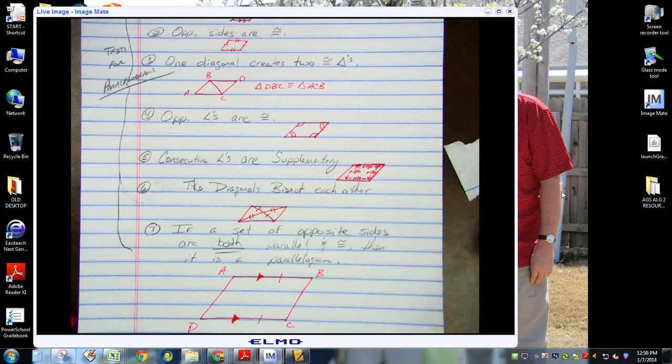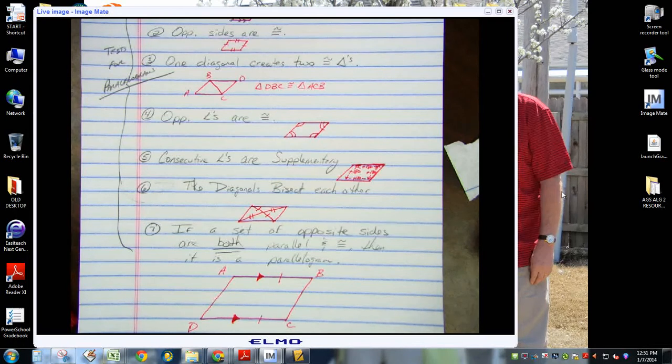Everybody get out your little red books for 6-3. So everybody got that down to where I can cover that up now?